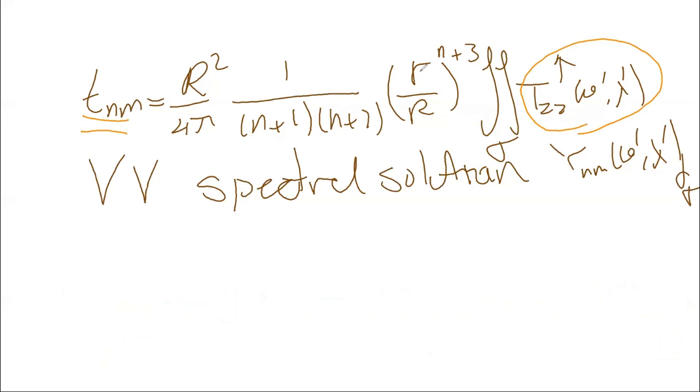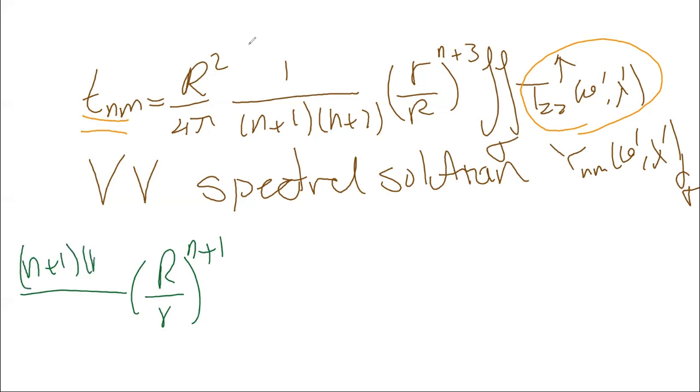look at this expression for the T_zz formula. In the T_zz formula, we have these terms: R over r, or damping factor, (n+1)(n+2), and here I can write R squared, it doesn't matter. So R is smaller than small r. This means that this ratio is smaller than 1, and when it gets power, it gets even smaller.